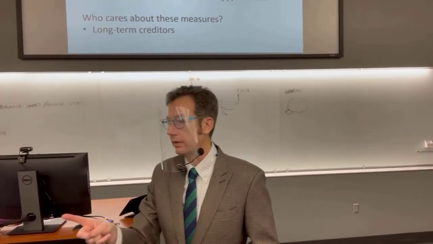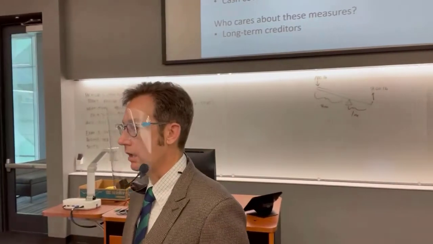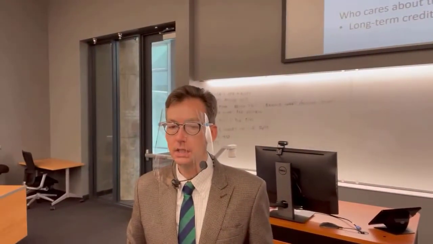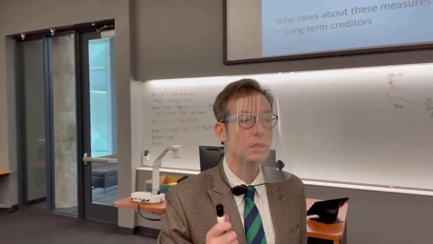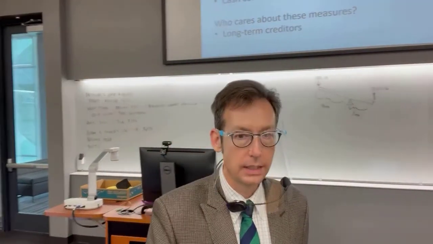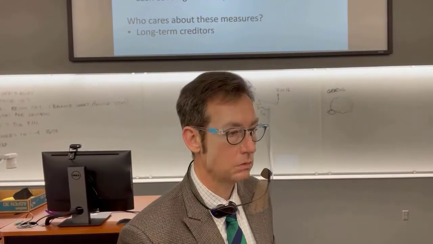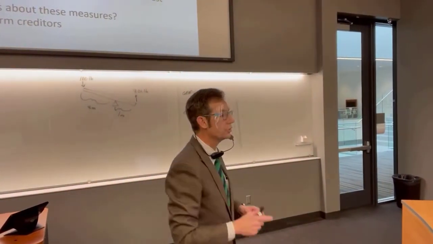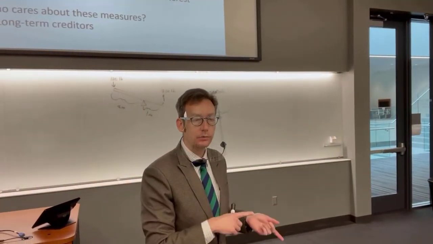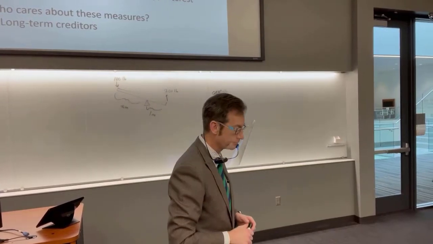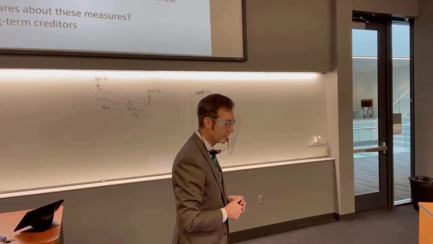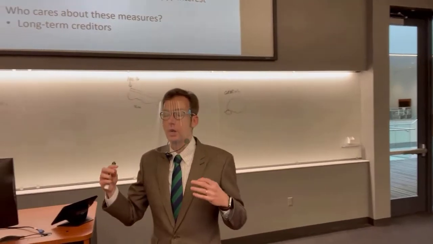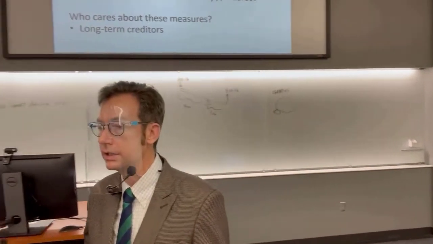If I just tell students total debt, they tend to grab only the long-term debt and not the total debt. What we're looking at here is total debt, and the way you can make sure you get that is total assets minus total equity. By the way, this is just what percentage of the capital structure is debt.